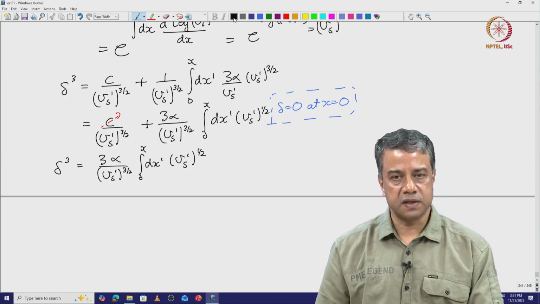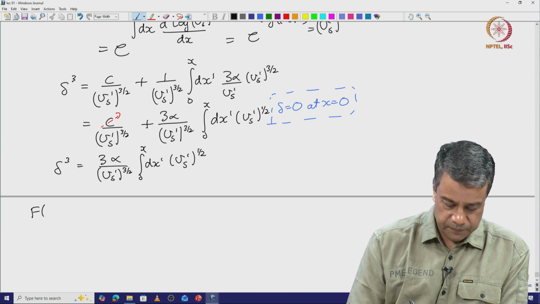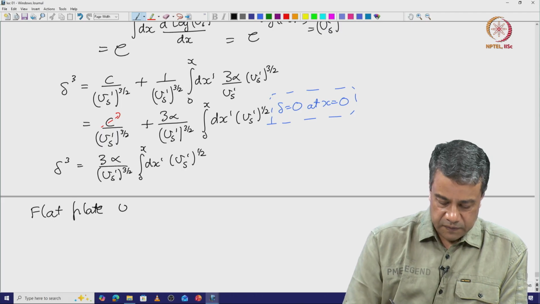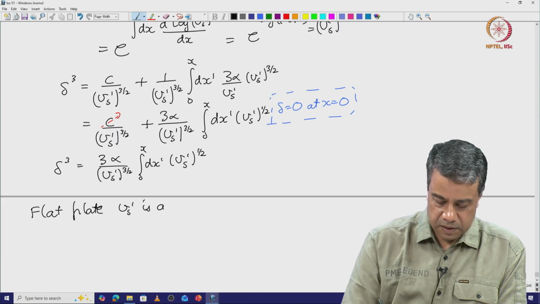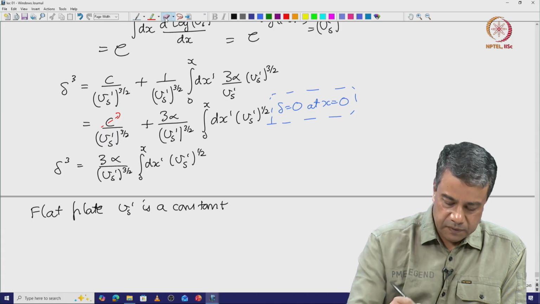You can verify consistency for a flat plate. V s prime is a constant. It is independent of downstream distance.